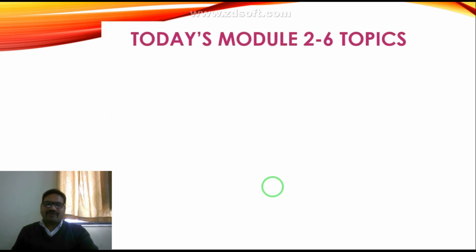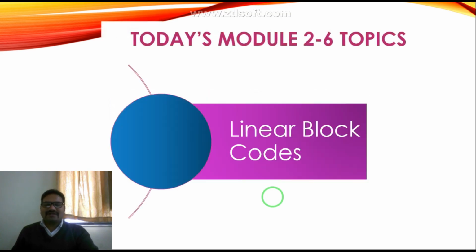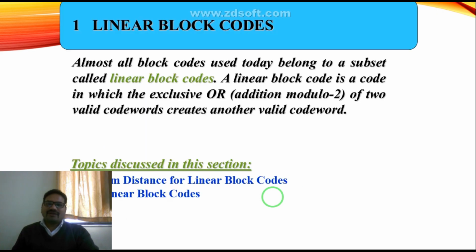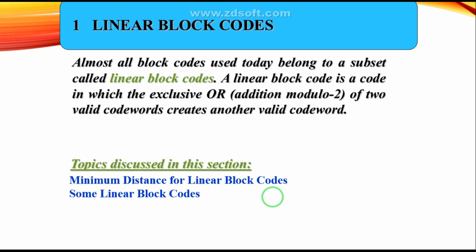Today, we are going to study about linear block codes. Basically, a linear block code is a subset of block coding. Now the question is, why do we call it a linear block code?